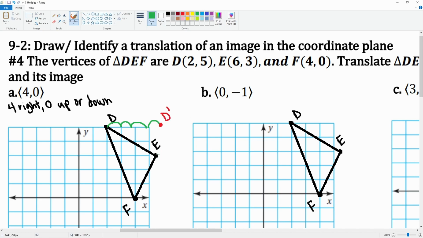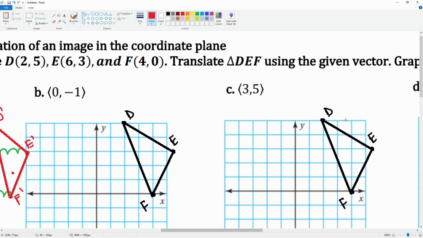Then E: 1, 2, 3, 4, it's off the grid, so it's E prime here. And F is 1, 2, 3, 4, and that is F prime. Now just connect it. There you go. That is the pre-image, and the new image, labeled prime, is after the translation by this vector.